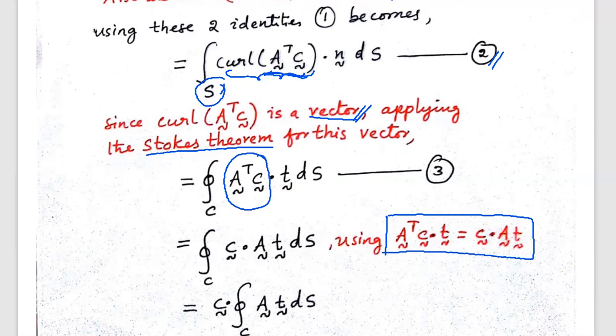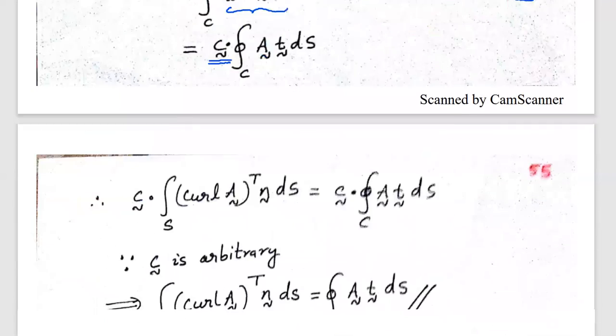So using this identity, the place of this whole thing can be replaced by c dot A T ds. What is our c? c is a constant vector, so that can be taken outside. So c dot the line integral of A T ds.